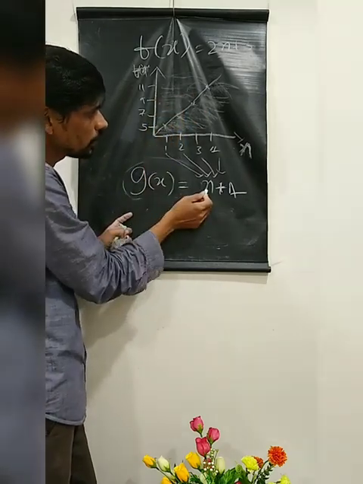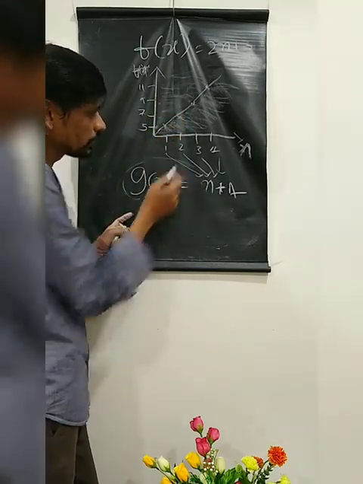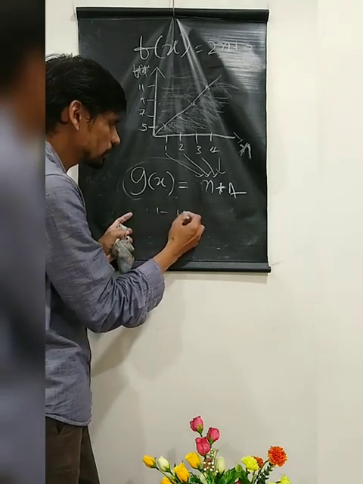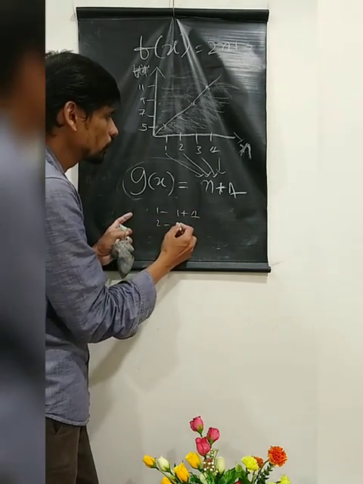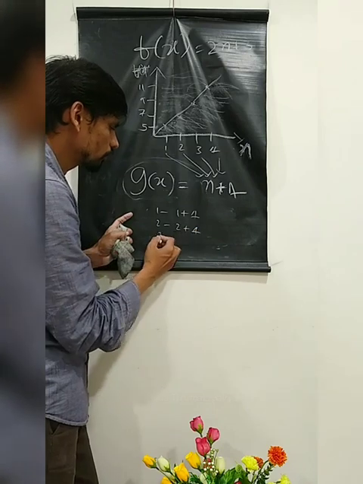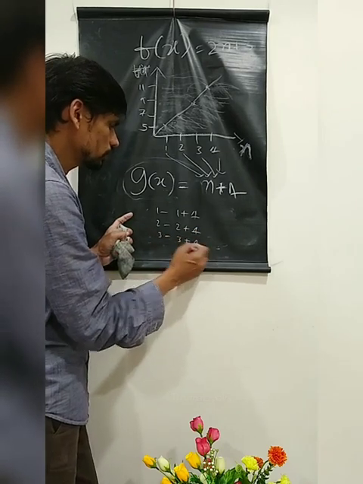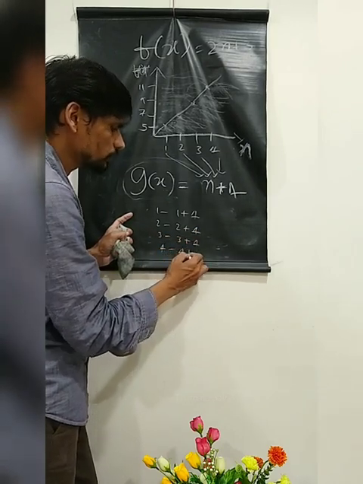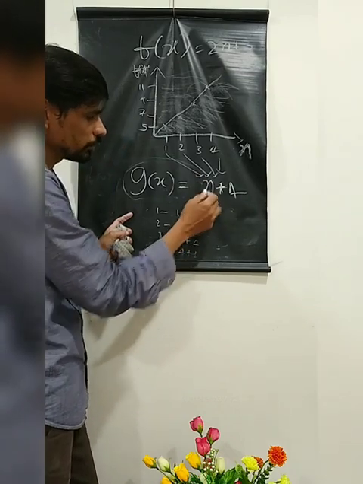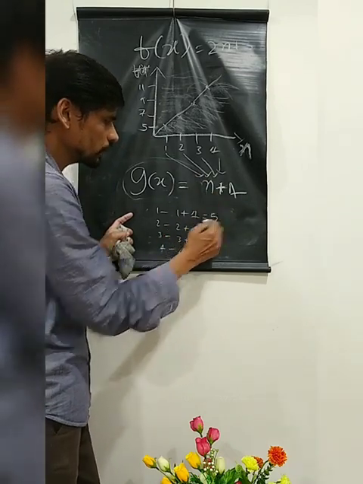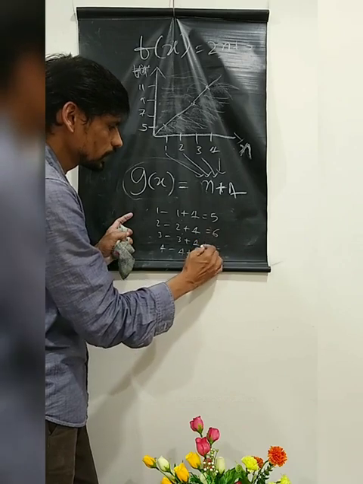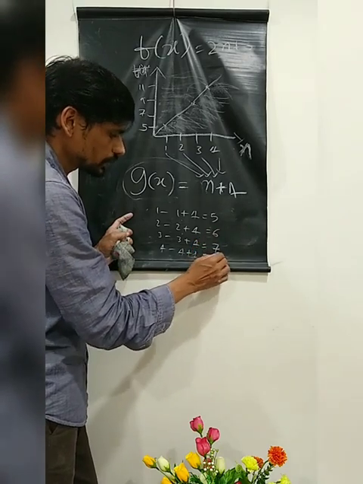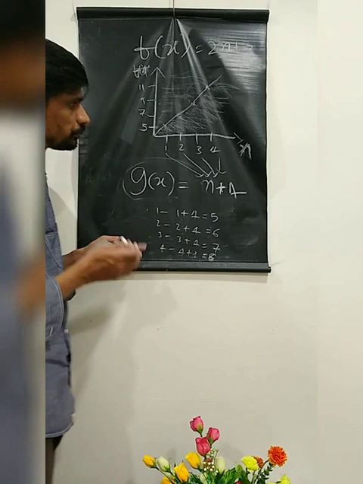Let's replace the n values. For 1 plus 4, for 2 plus 4, for 3 plus 4, for 4 plus 4, right? I am just simply replacing the value. 1 plus 4, 5. 2 plus 4, 6. 3 plus 4, 7. 4 plus 4, 8.